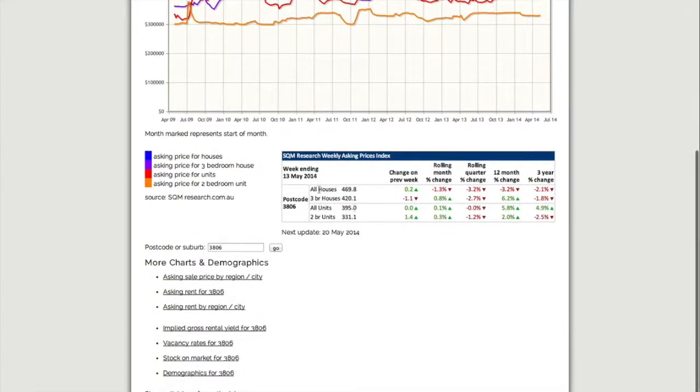So this is for Berwick 3806, that's the postcode there. For all houses, the change on the previous week was basically 0.2. But if I look at the 12-month change, and this is for 3-bedroom houses, the vendor sentiment has actually gone down. This gives me a good idea of what's happening.